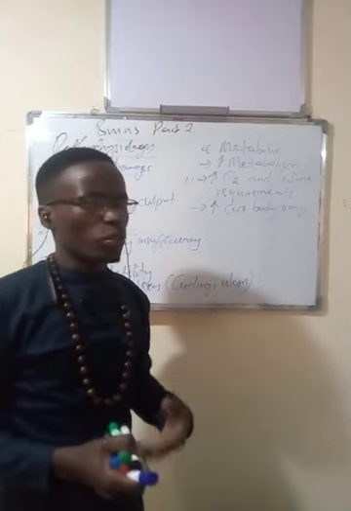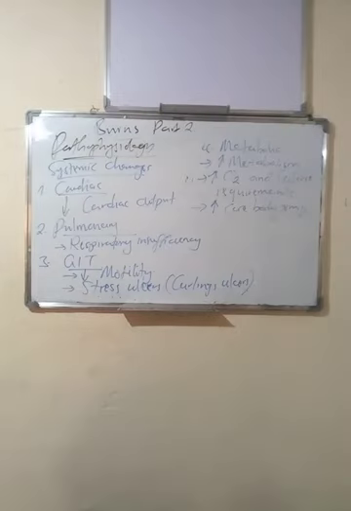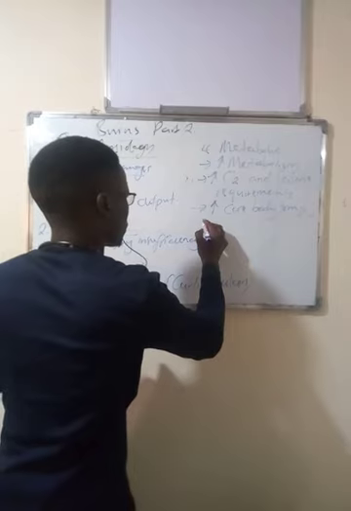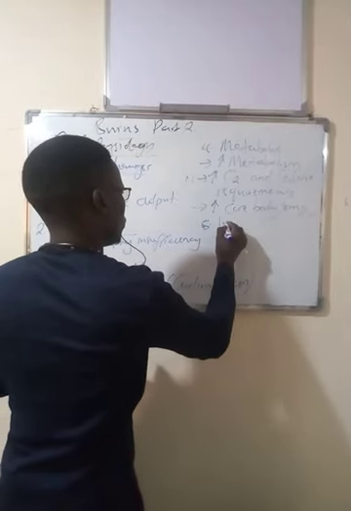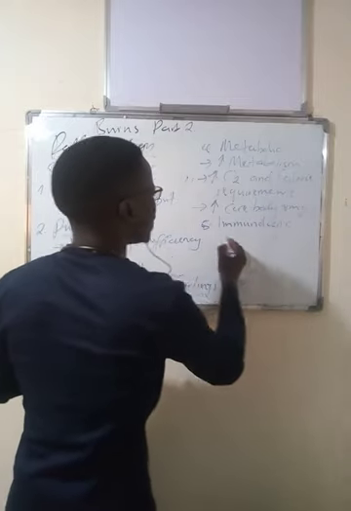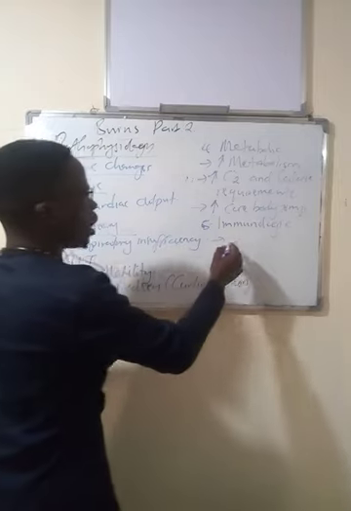Okay. Then lastly, we look at the immunologic. Now, in terms of immunologic, what is going to happen here is there's going to be increased chances of what? Infection. Now, why is it so?